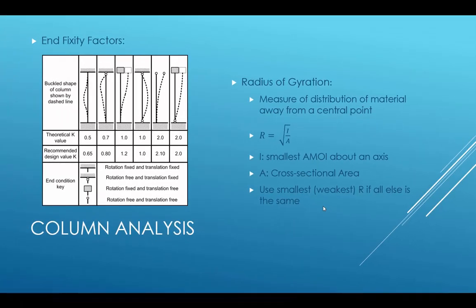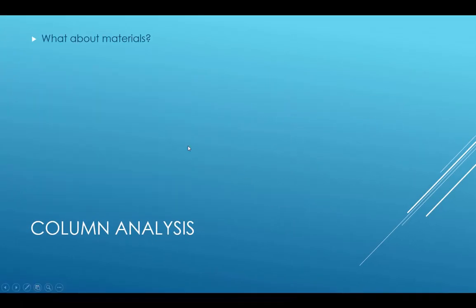Continuing on this column analysis, it begs the question, what about the materials? Because all of that we were just looking at was geometry. Well, what we want to calculate here is the column constant, sometimes known as the transition value. Column constant is calculated using this formula.